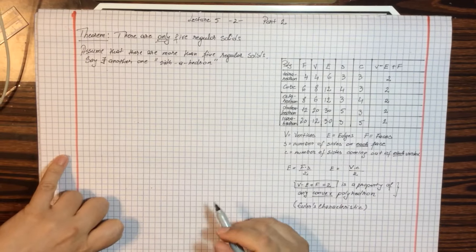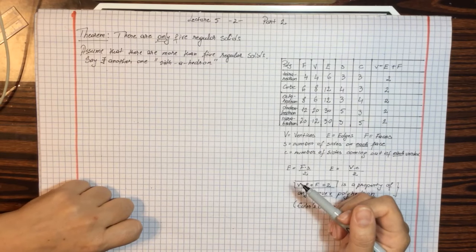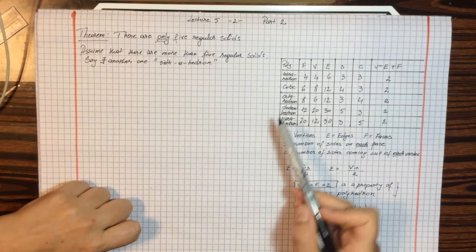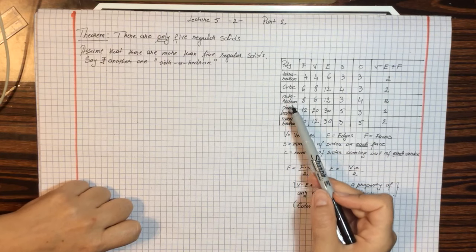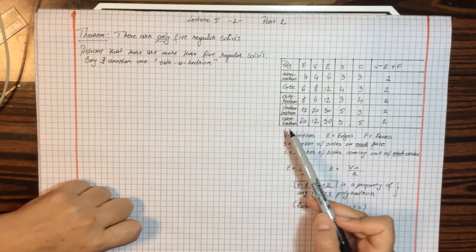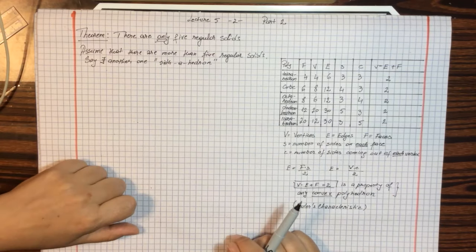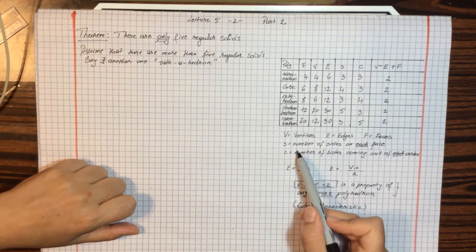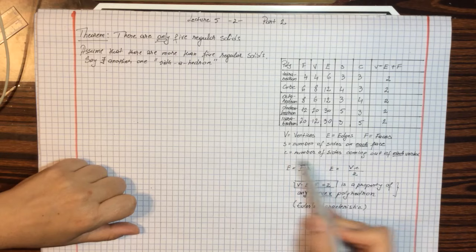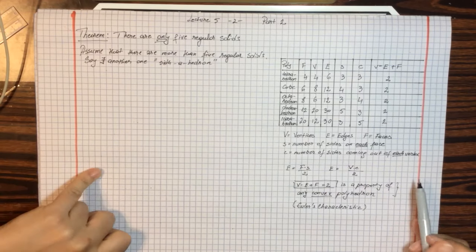So let's see. Okay, we know the very first 5 ones. We know what the tetrahedron looks like, we know what the cube looks like, we know what the octahedron, the dodecahedron, and the icosahedron are. So we are going to use the very same notation for vertices, edges, faces, number of sides on each face and number of sides coming out of each vertex for this other one too.